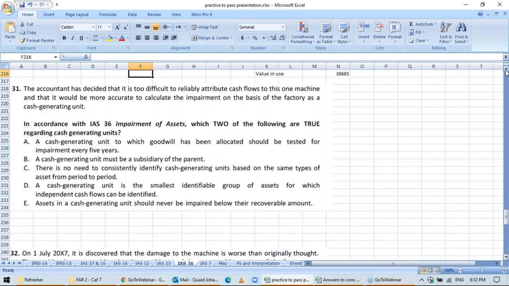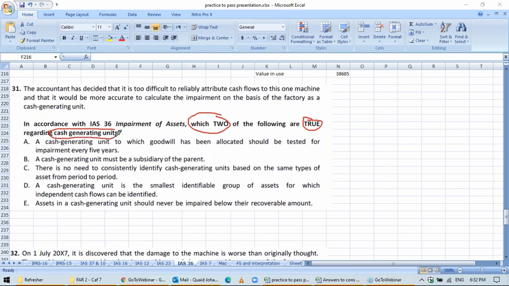What they are asking: the accountant has decided that it is too difficult to reliably attribute cash flows to this one machine, and that it would be more accurate to calculate the impairment on the basis of the factory as a cash generating unit. In accordance with IAS 36 Impairment of Assets, which two of the following are true regarding cash generating units?